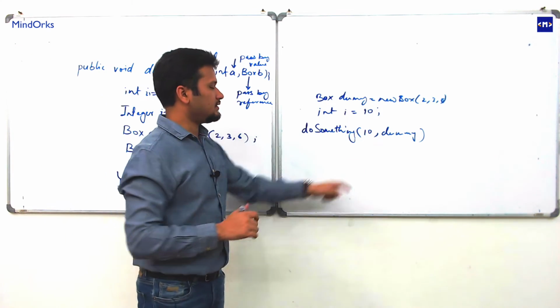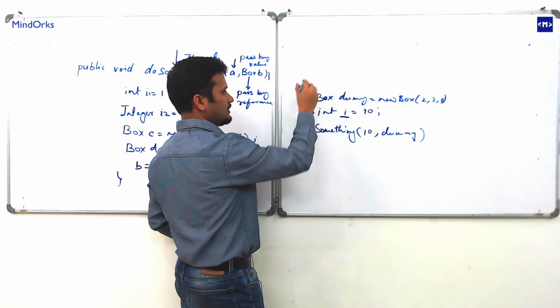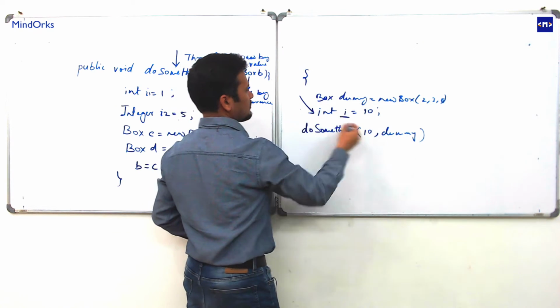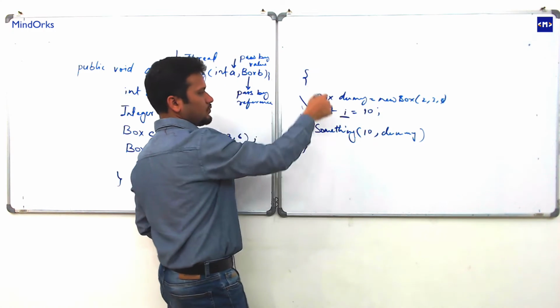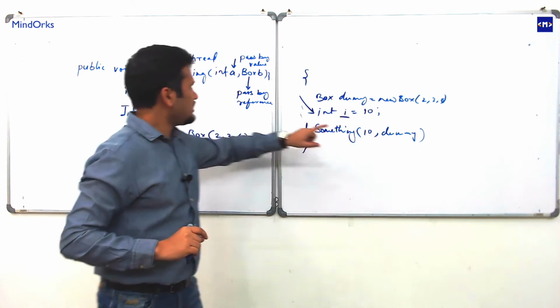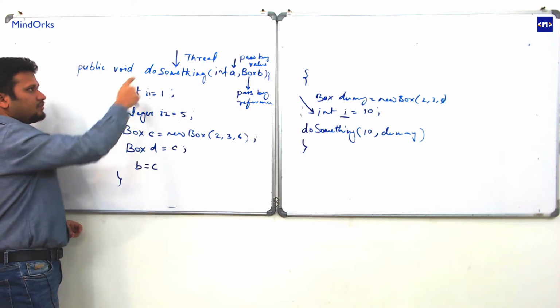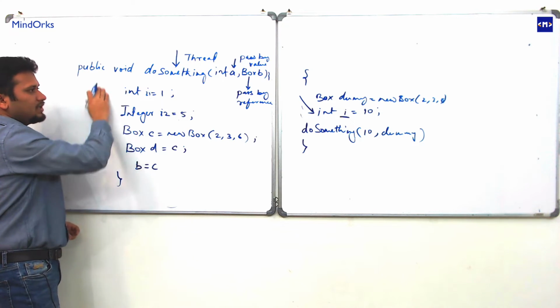When you pass 10, your int i was allocated in some other function where it was created. Now when you pass 10 here, this a will be created in the stack of this thread, and this will be a different node.